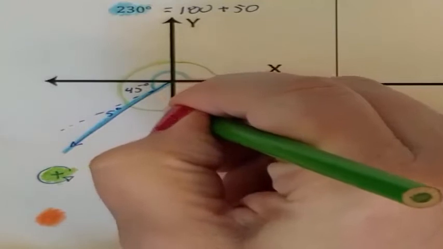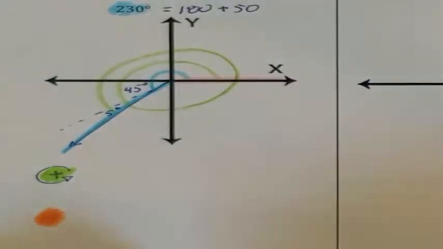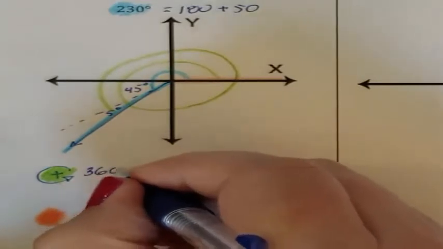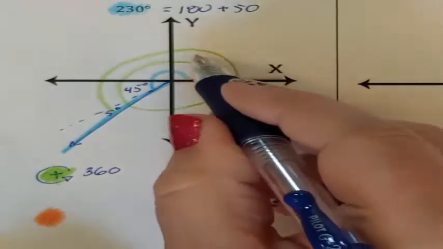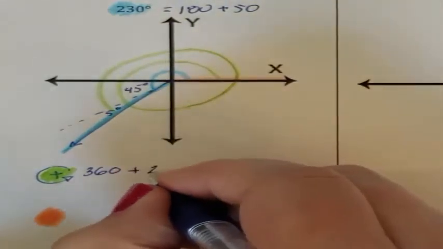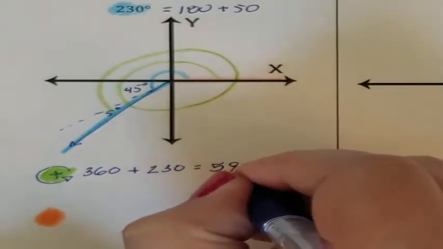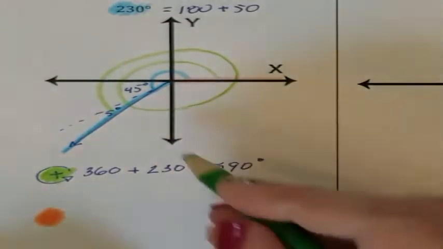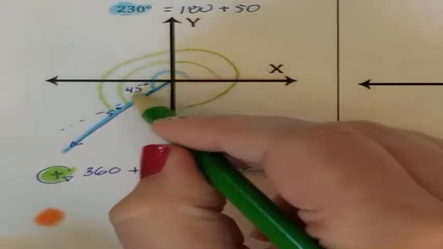So I have to pass it, do it again, and then I can stop. So I went first a full 360 degrees around the circle, and then I traveled another 230 degrees to stop. So my green pathway takes me a total of 590 degrees around the circle and still stops me at the same exact blue line.